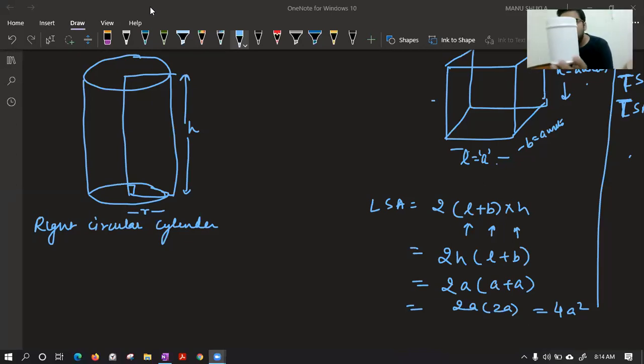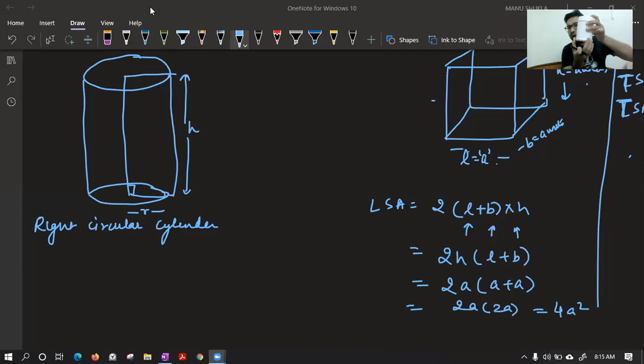This is a cylinder. You can see this is the top surface, a circle, bottom surface, a circle. So if I take this as a coin, what will happen? To see the curved surface, if I have a color, I have to color this surface only. This is the curved surface. So if this is a coin and you see only the outer portion of the coin is coming in the picture of curved surface area.